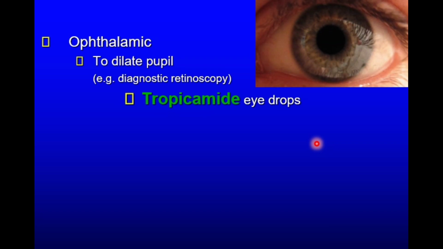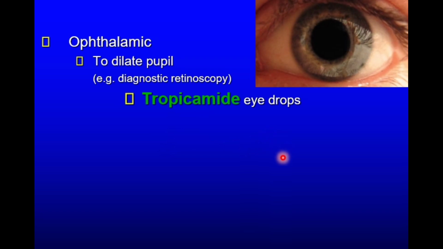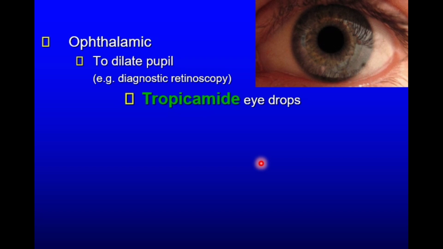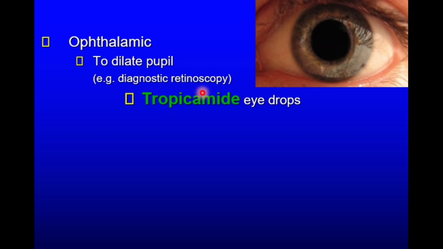Tropicamide is a short-acting mydriatic agent compared with other antagonists, and that's why it is chosen for dilation of the pupil, because after the examination is over, you don't want your pupil to remain dilated.